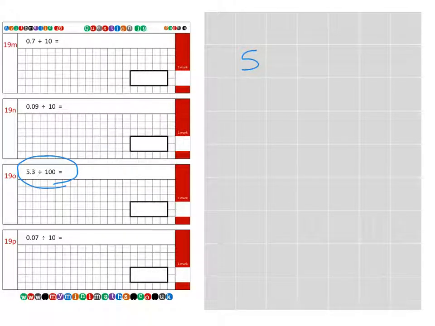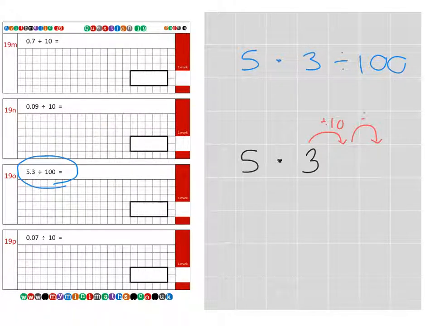And on to our final question of today, which is question 19o, which again is dividing by 100. It's 5.3 divided by 100. So if we take our original number, 5.3, and then we divide it by 10 again, which is exactly the same as dividing by 100, our number finishes up in the thousandths column, and don't forget this 5 also needs to follow.